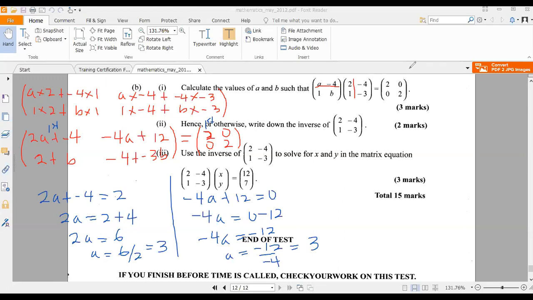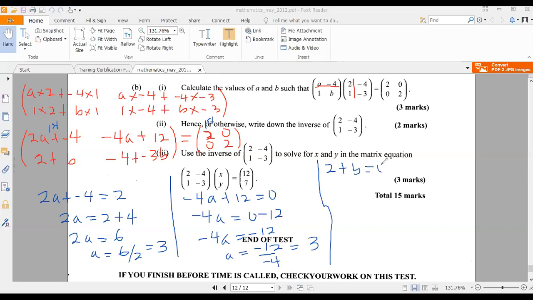Okay, so some people have found B already, right? To find B, it had been 2 plus B equals 0. Everybody see that?